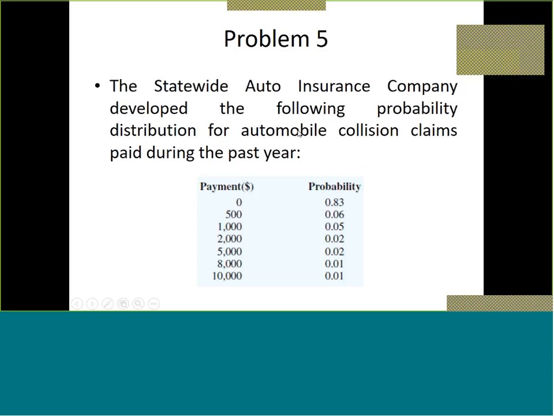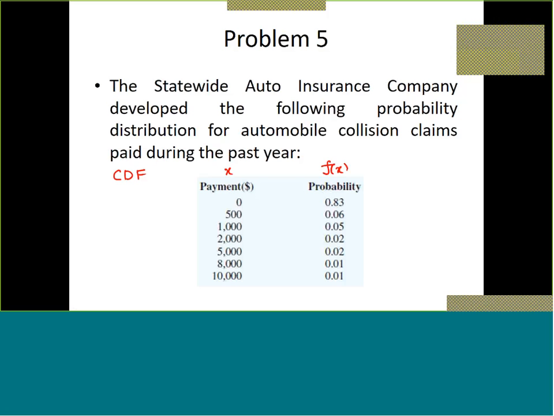So let us try. First of all, we'll construct the random number intervals. So this is your x, this is your f of x. I should write the cumulative probabilities here.